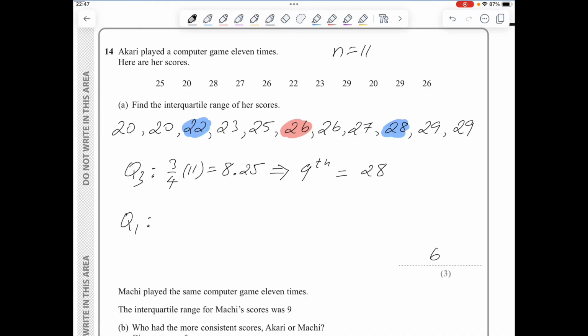Similarly, Q1 is 1/4 of 11, which is equal to 2.75. Always round up, hence I need the 3rd observation, which is 22. And if you do this subtraction, you'll get a 6, just like I did before.